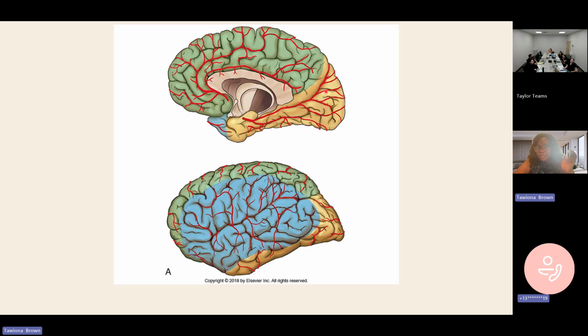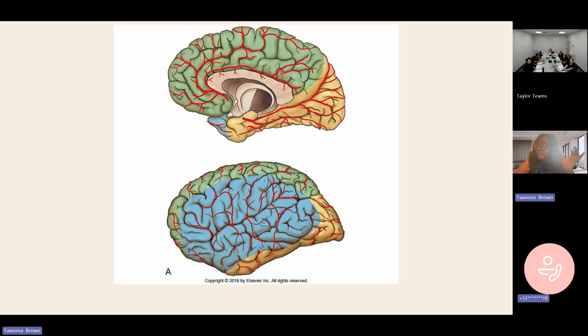That's the occipital lobe, and then two thirds of the temporal lobe here. So from my vantage point, I think I see more blue. Do you see more blue or more green from a lateral aspect? Because your response is the MCA. So from that lateral view, you'll get to see a lot of the MCA and its vasculature.